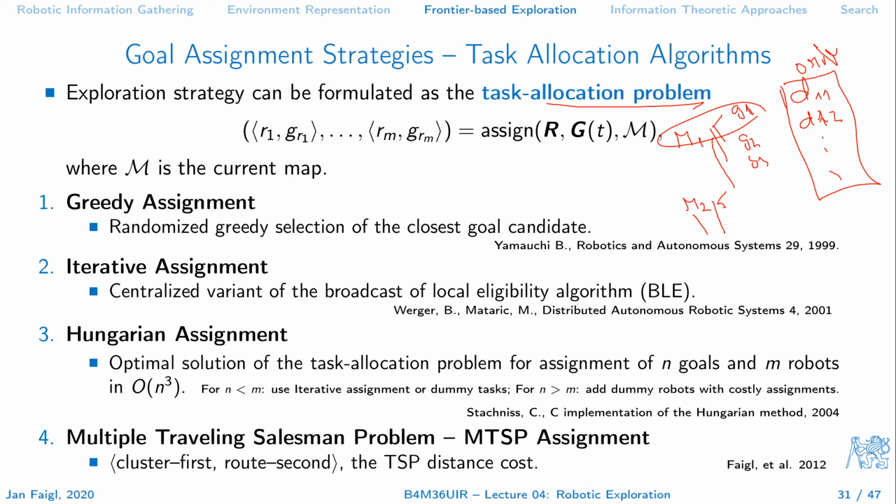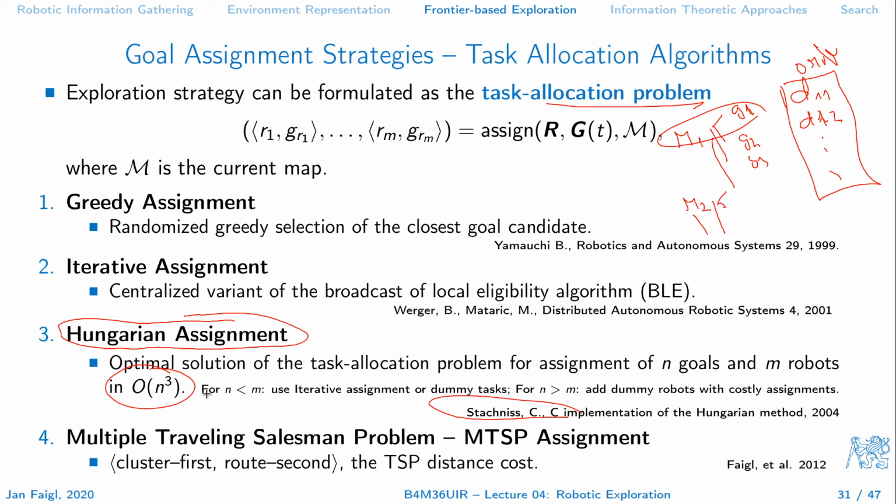But once we are in the centralized approach, we have the Hungarian algorithm you're probably aware of. This is the optimal solution of the task allocation problem for a particular decision point, right? It runs in cubic complexity, and you can download the implementation by Technics, who make it viable.